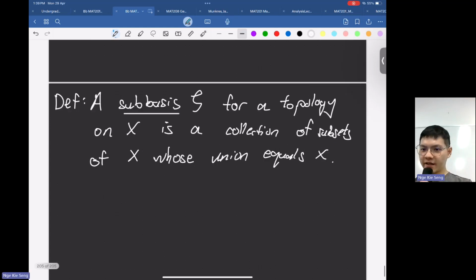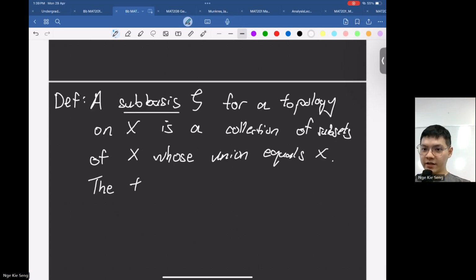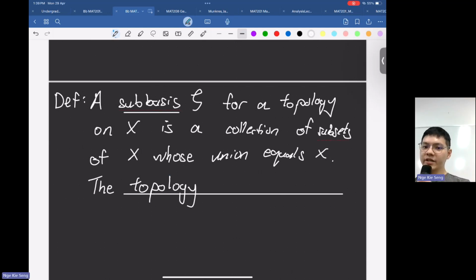And how do we define the topology here? We have a sub-basis, right? Then we need to say how the topology is generated by this sub-basis.